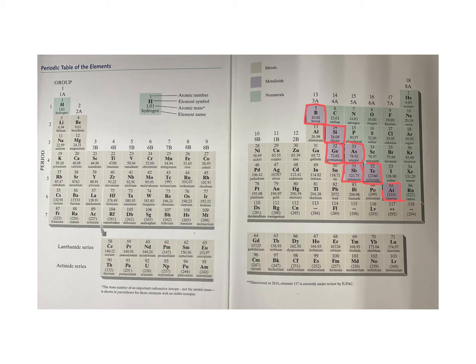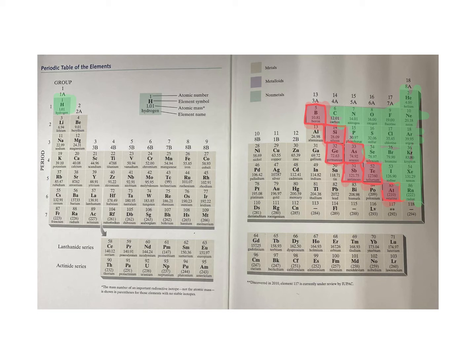So if you remember, and I'm going to use the highlight feature, boron and astatine, and then tellurium, and then these two, and then these two along this zigzag line. These are your metalloids. And then the elements above that are nonmetals, here, plus hydrogen. The rest are metals. Okay, so make sure to know that.